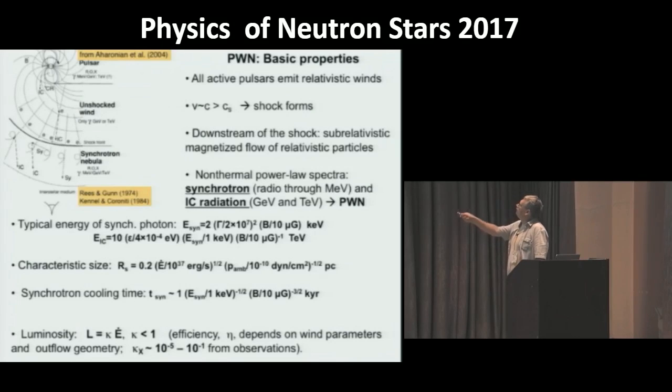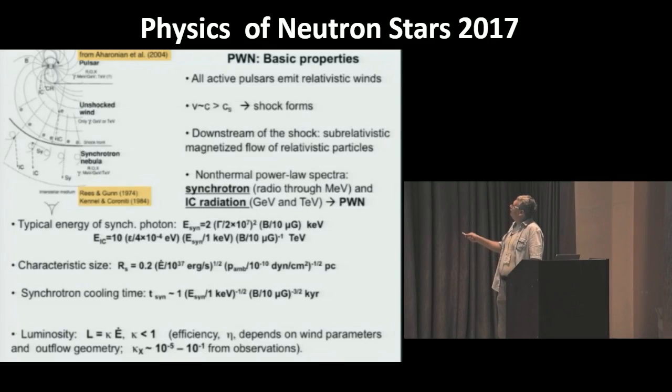So those are the basic zones, and downstream of this termination shock, we have a really magnetized plasma, and we have highly relativistic particles in this plasma. So you'd expect at least these two important emission processes happening, the synchrotron and inverse Compton. I will primarily in this talk focus on the synchrotron process.